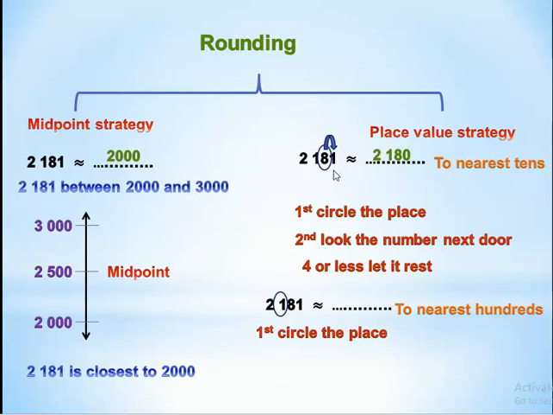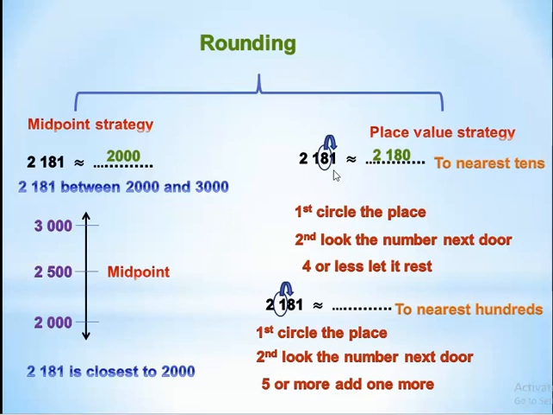Okay, if I want to round it to the nearest hundreds, hundreds here is 1. First, circle the place. Second, look at the next door. Next door 5 or more, add 1 more to the place. If the next door number is 5 or more, we will add 1 to the circled number.